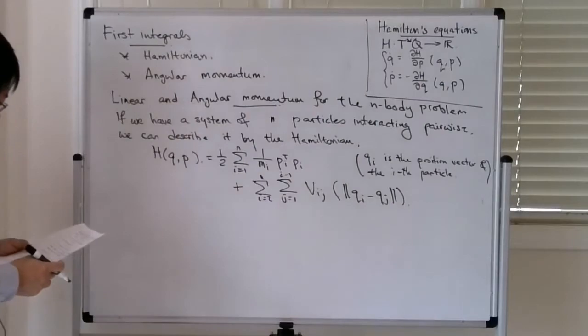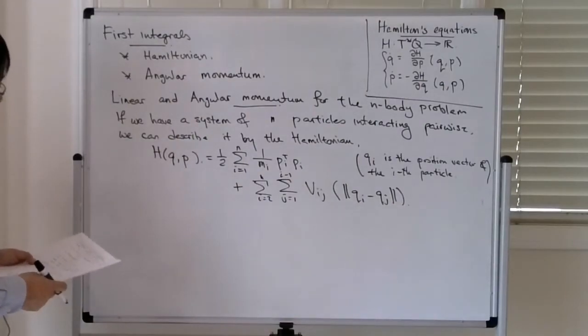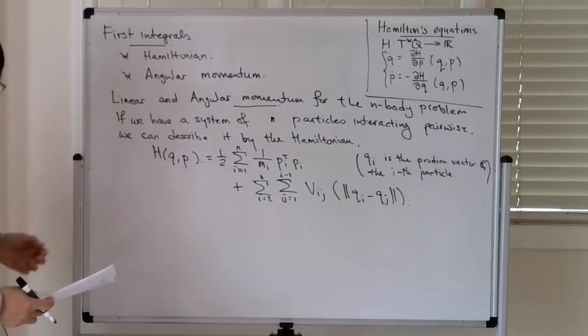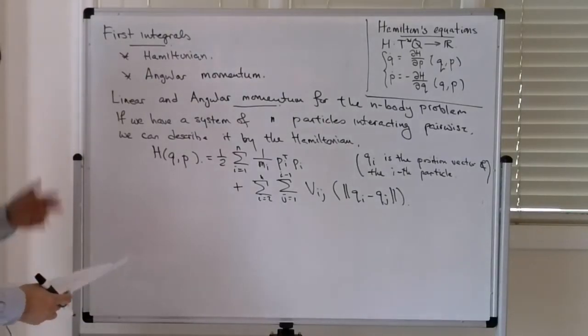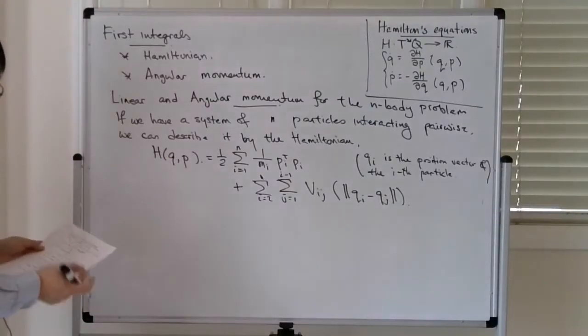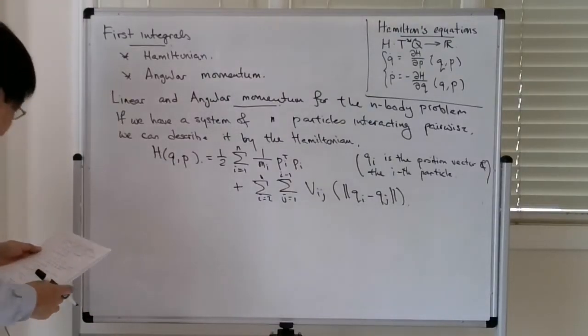Then you can check that with a Hamiltonian like this, there are two first integrals. Well, actually, there are three. The Hamiltonian is, of course, again a first integral, but there are two momentum first integrals.